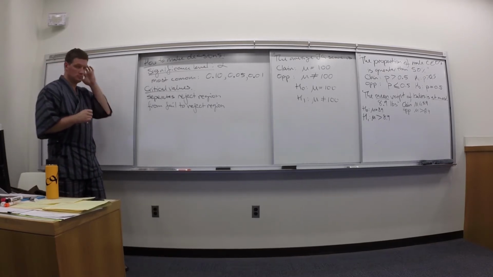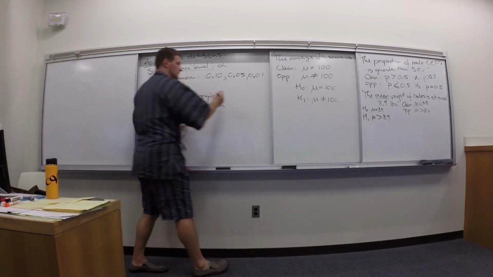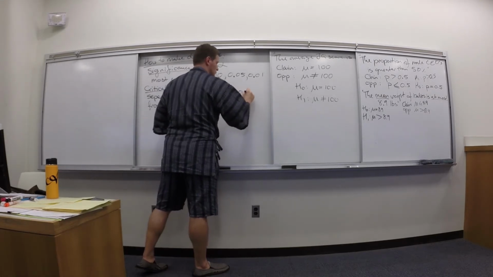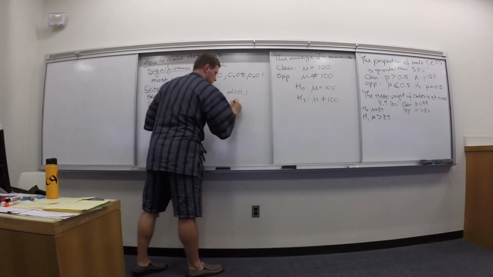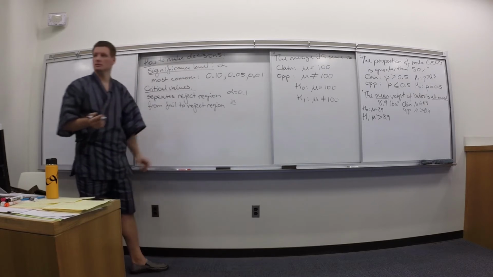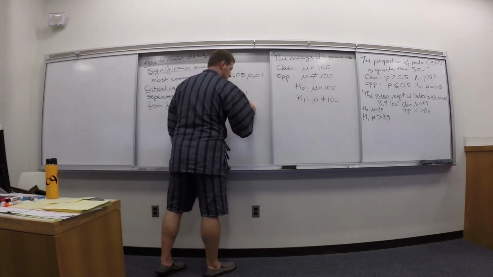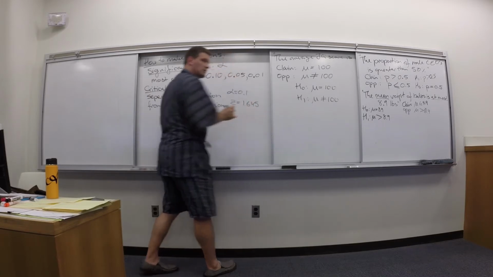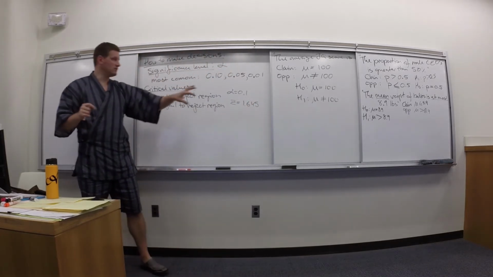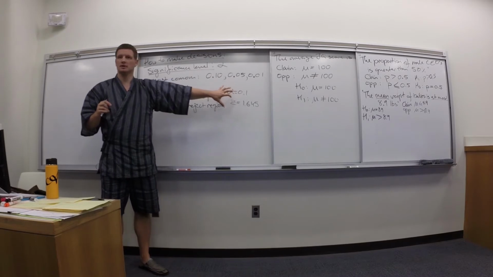So if I had alpha equal to 0.1, what would be the critical value, z, for that? Well, it would be 1.645, just like before. We haven't introduced anything new here.